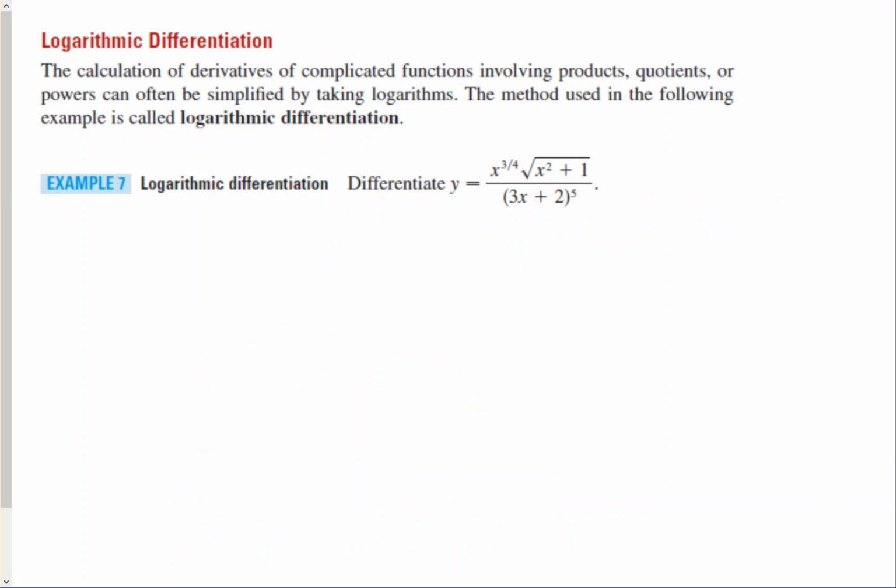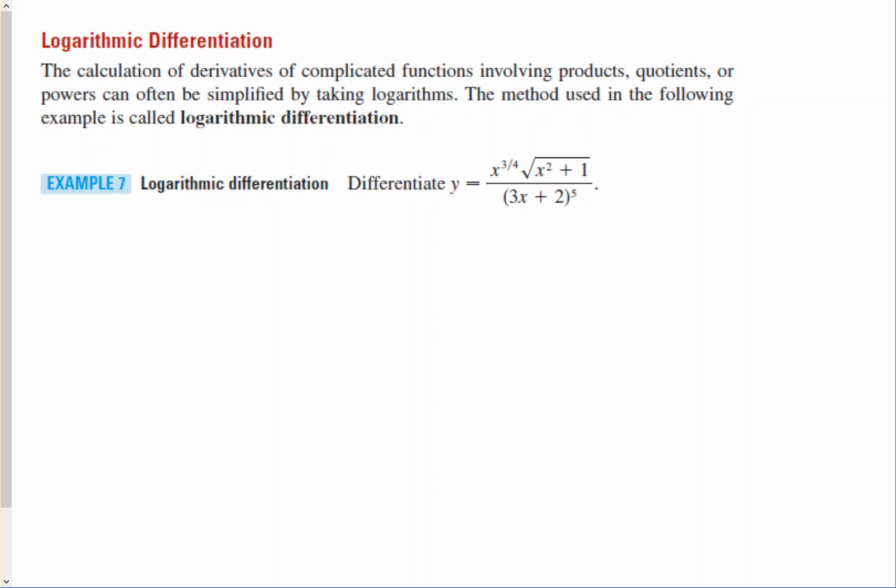Okay, logarithmic differentiation. So for these problems you could use your properties of logs in order to help you to take the derivative. What we typically do here is we take log of both sides, and then we use the properties of logs to break down these fractions a little bit further.